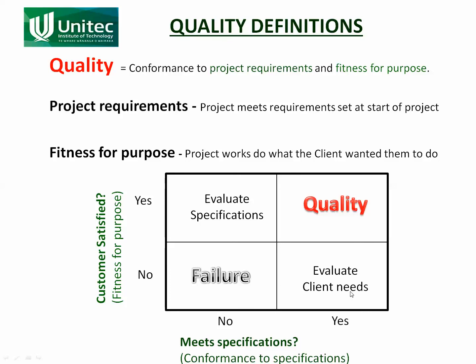You didn't find out exactly what the client needed before you started the work. And that's why it's very important right at the beginning of a project, during those initial stages, that you determine exactly what the client wants. You don't make assumptions. You determine what the client wants and you write it down and you get him to confirm it, to avoid this quality failure here.